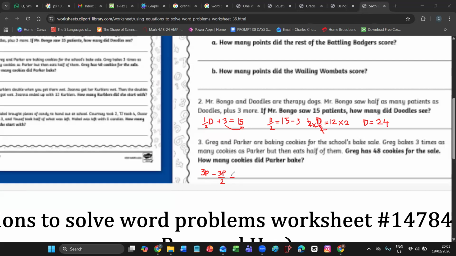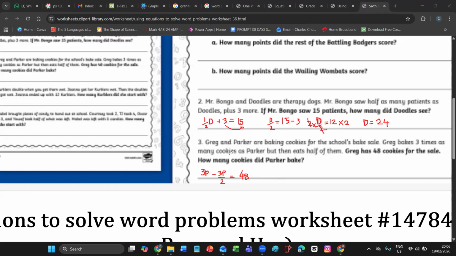So they are saying after all this arrangement, Greg has how many? 48. Does it make sense now? Yes, sir. So the question now is, how many cookies did Parker bake? So I think you know what to do, right? The same thing.